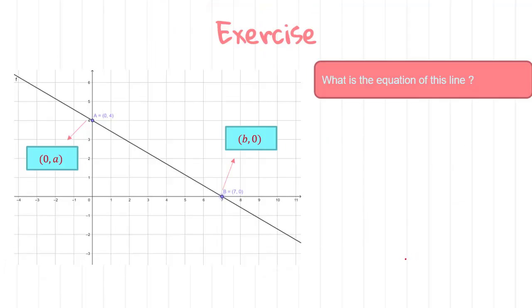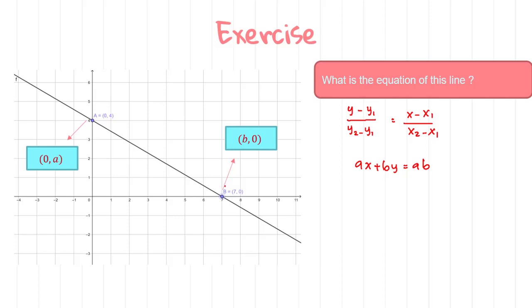So for the exercise, what is the equation of the line? You already know about this formula, right? And now, you also already know about the new formula of the line that has an intersection with the x and y axes, which is ax + by = ab.